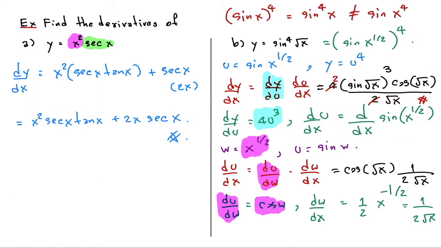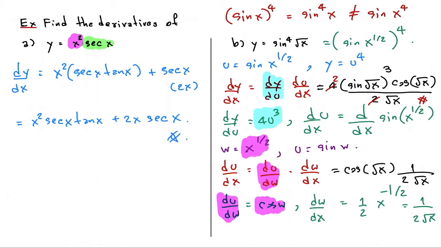Okay, but du by dx, we can't differentiate this function again, but we can differentiate it if we let this be w, is sine w. We know that the derivative of sine w is cos w. So we let w be x to the power 1 half, and of course u is sine w, and then we get du by dx is this.